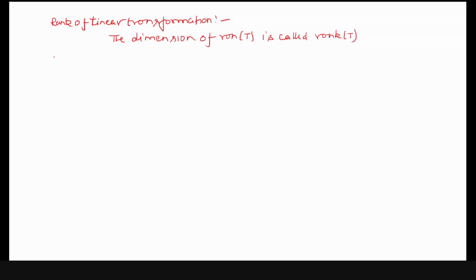What is the nullity of the linear transformation? Of the linear transformation T, we'll write in a bracket.